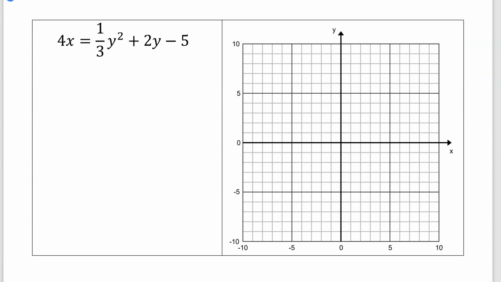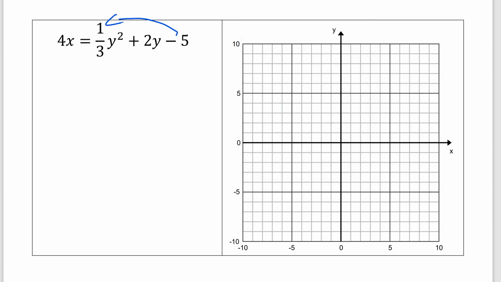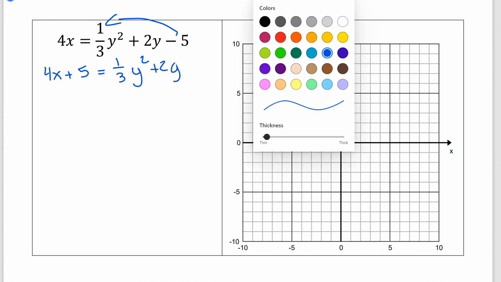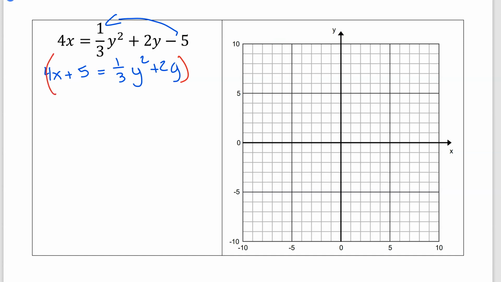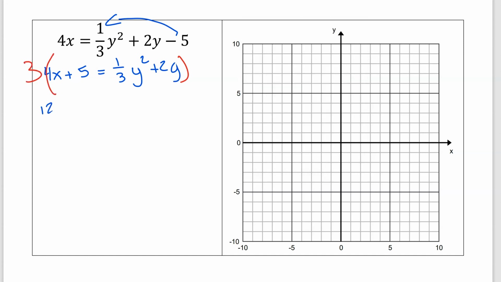All right, another fraction, but this time it's a y squared, right? But we're still going to go through the same process that we did before. We're going to move this -5 to the other side. And then we are going to multiply everything by 3 to get rid of that fraction.